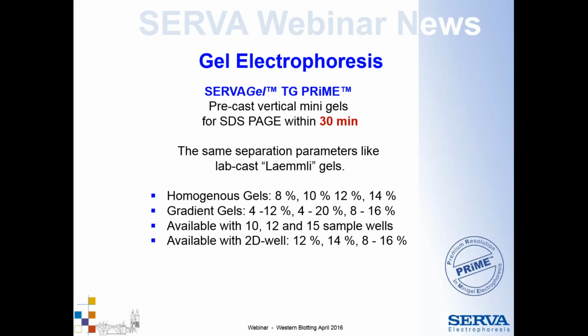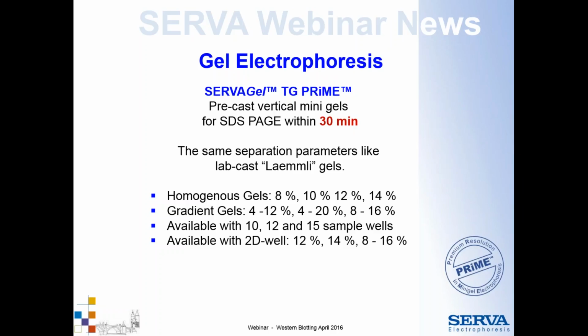And after this, we have also another gel type in our portfolio, where a broader range of gel types is offered. These are the so-called prime gels. Prime stands for premium resolution in mini gel electrophoresis.